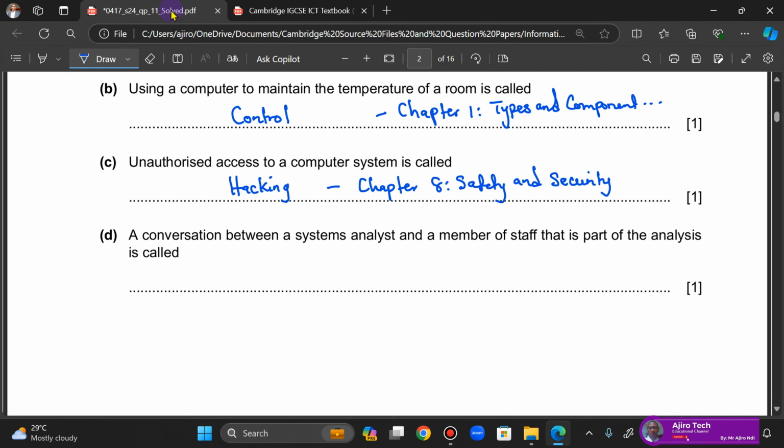What are the methods of analyzing the current system? We have observation, questionnaires, looking at existing system, and the very important one here, interview. So this is chapter 7, the system life cycle.